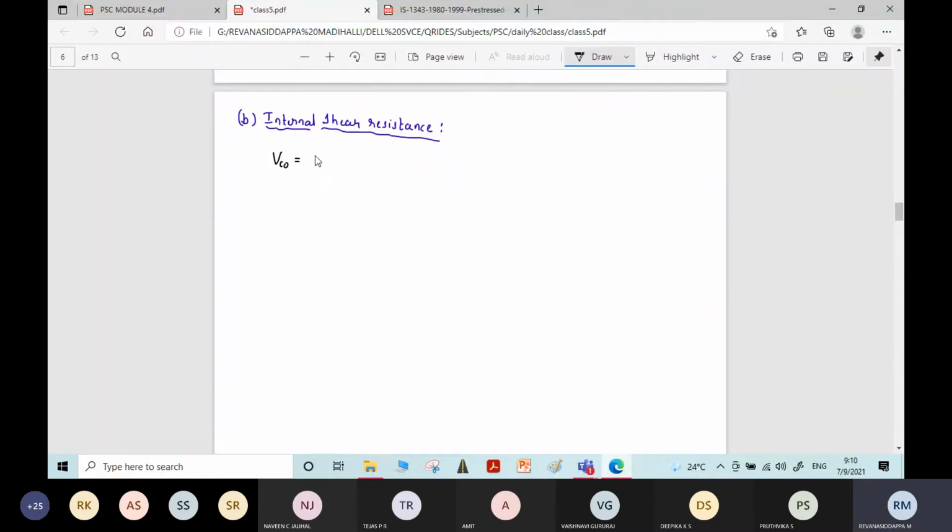Vc0 is equal to 0.67 bD root of ft square plus 0.8 fcp into ft.